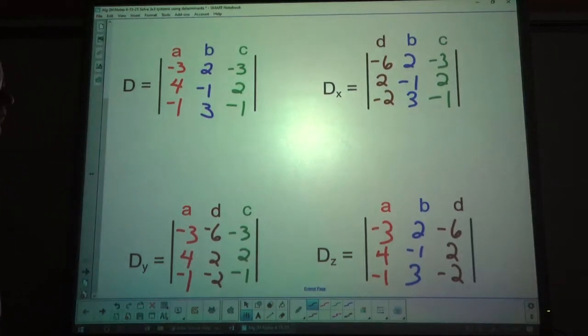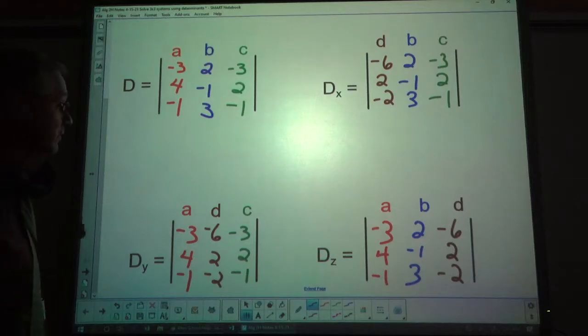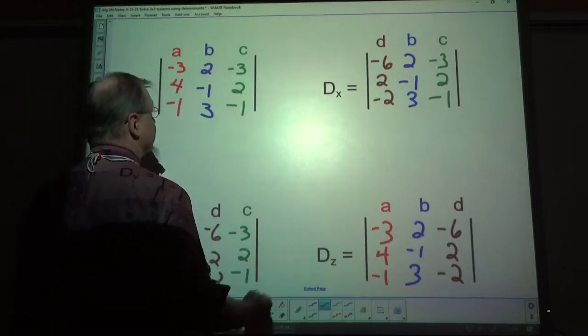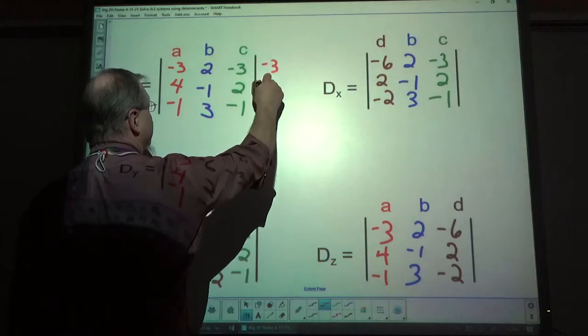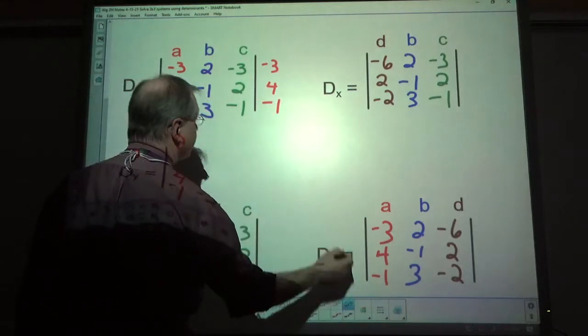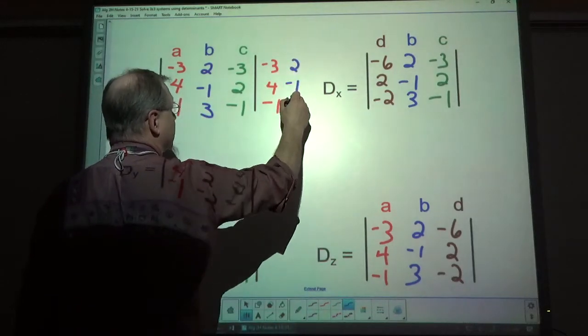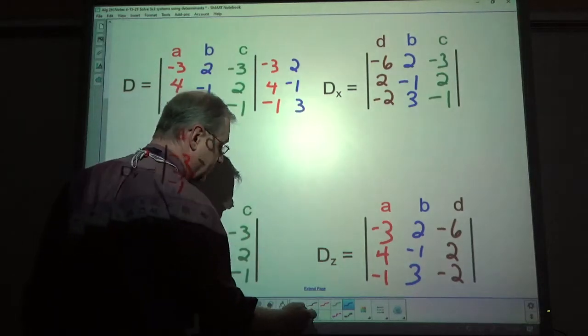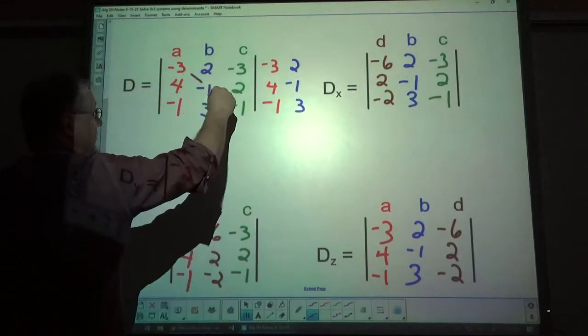I'm going to do some of them with wraparound and some of them with rewrite. You know the 2 different methods, and you can choose to do whichever method you find easiest for yourself. -3, 4, -1, 2, -1, 3. Now I'm going to multiply diagonally down.